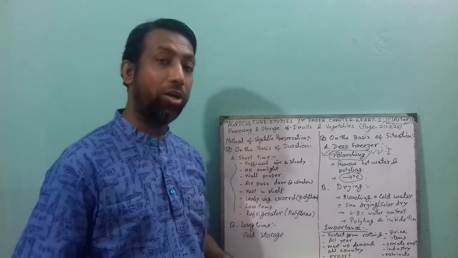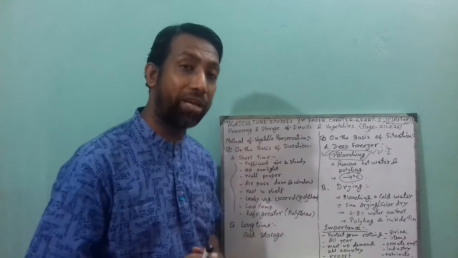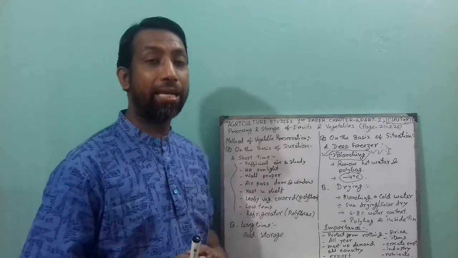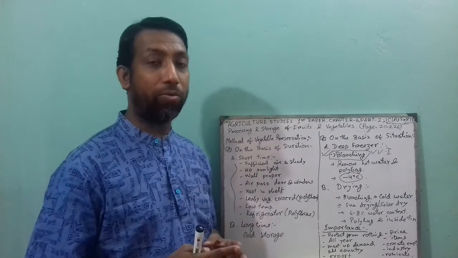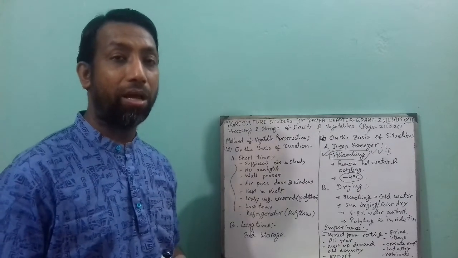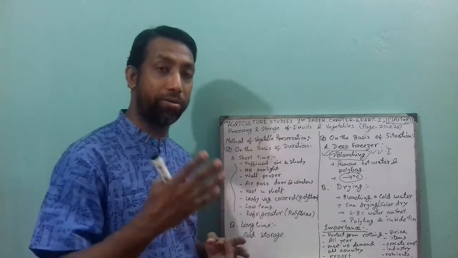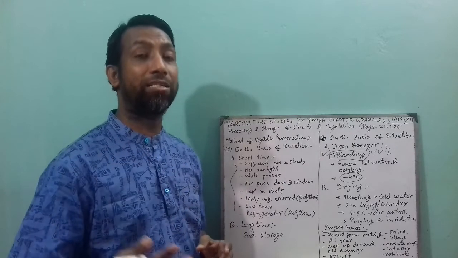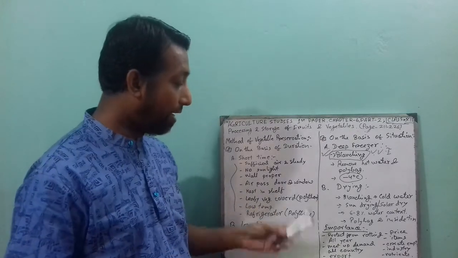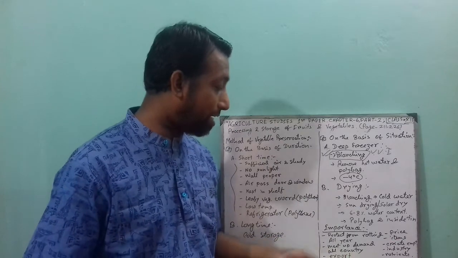Next is all year round. If we preserve that food, we can get food all year round. Like we know mango is a summer fruit, but sometimes we can get it in the winter season as well. Next is meeting the demand.